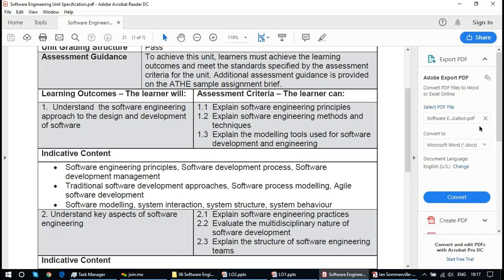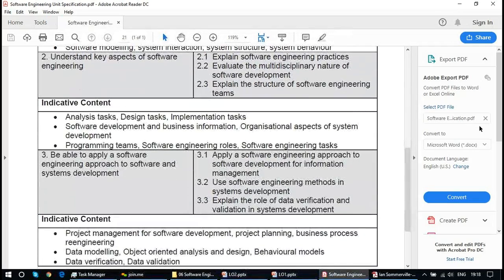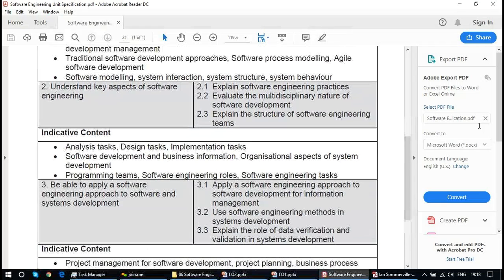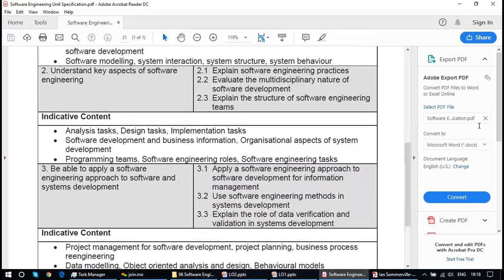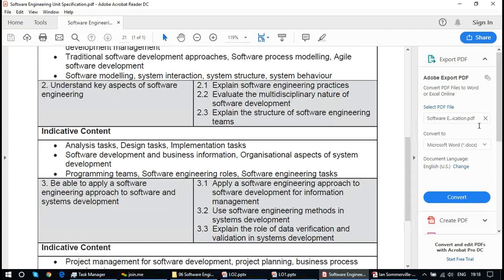So how do they look? After understanding software engineering and its methods in LO1, LO2 is mainly the discussion about software engineering practices, the multidisciplinary nature of software development, and explaining the structure of software engineering teams.